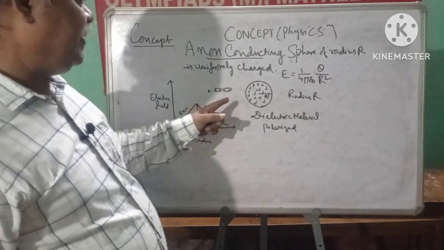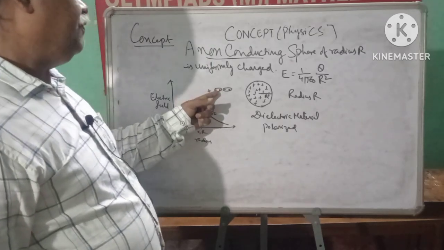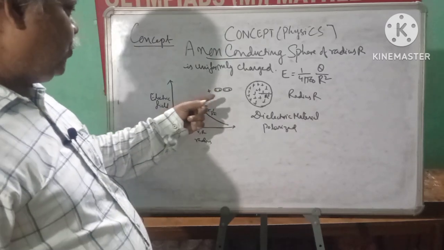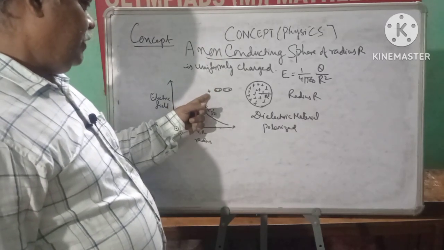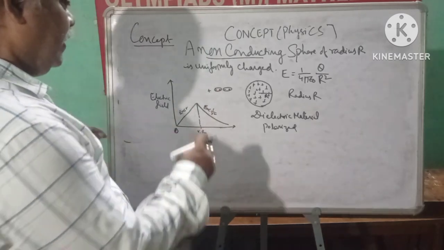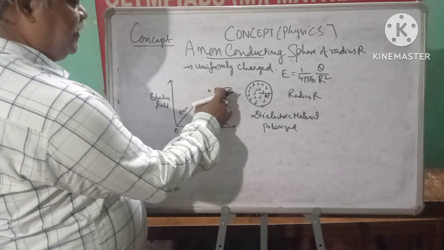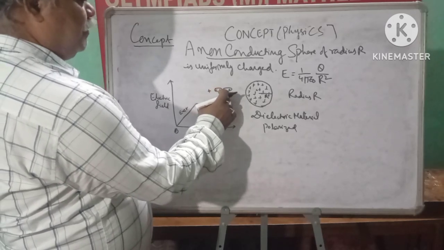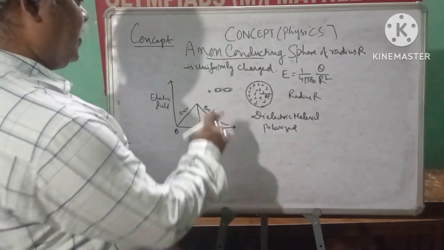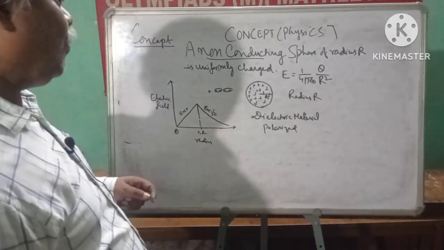That means this charge will pull the negative electrons towards the positive charge. So the electrons are slightly moved towards the positive charge, and as a result the atoms get polarized. That means a plus and minus charge is developed. So this is the concept.